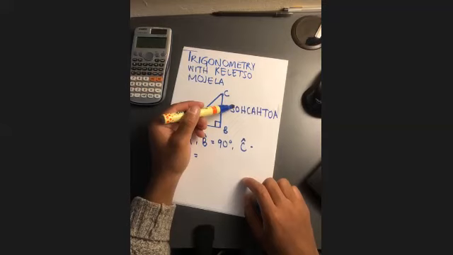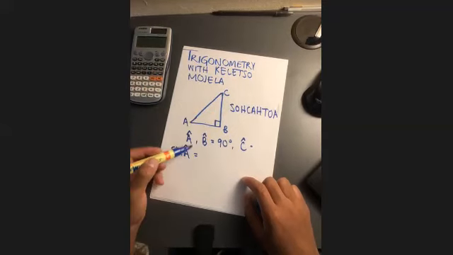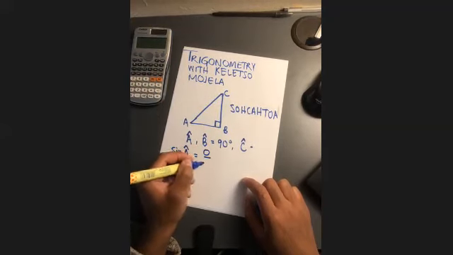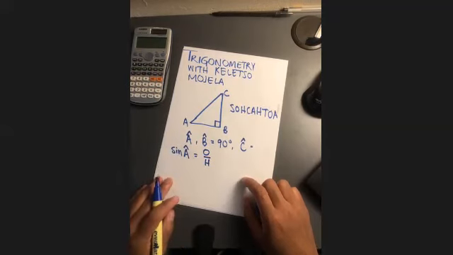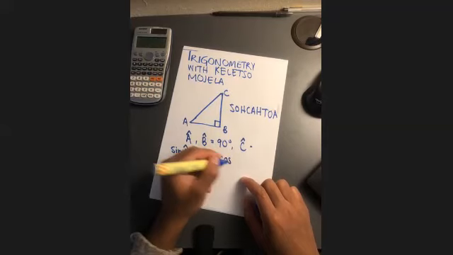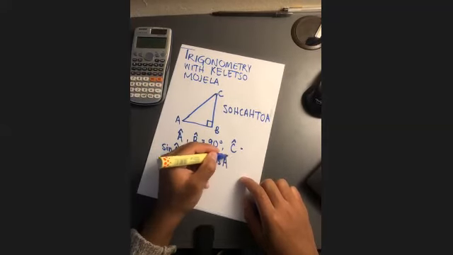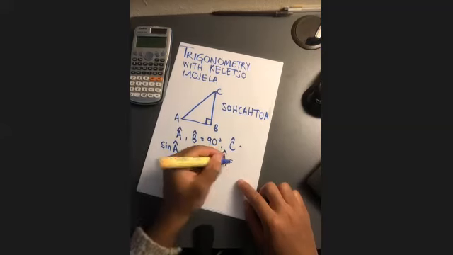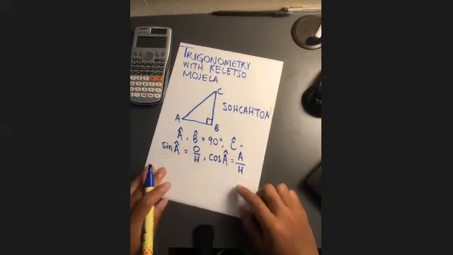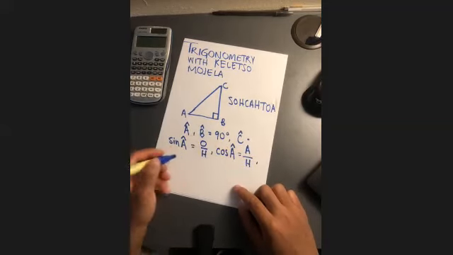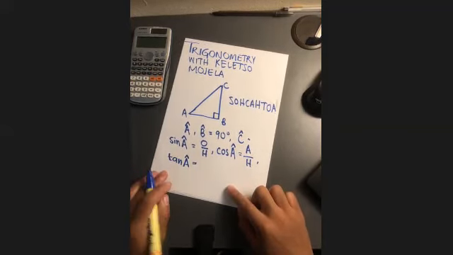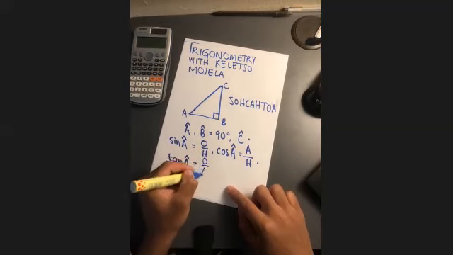When you want to find the sine of whatever angle, it's opposite over hypotenuse. Same applies with the cosine of angle A. We know that it's adjacent over hypotenuse. And we also know that our tangent of A is given by opposite over adjacent.